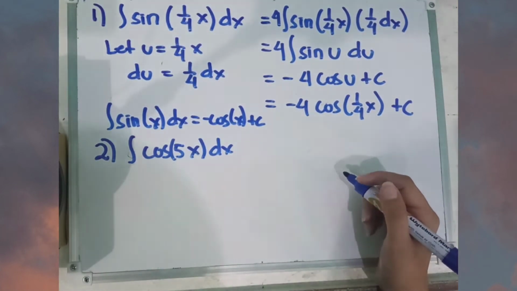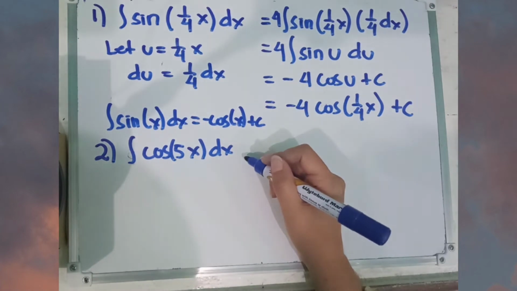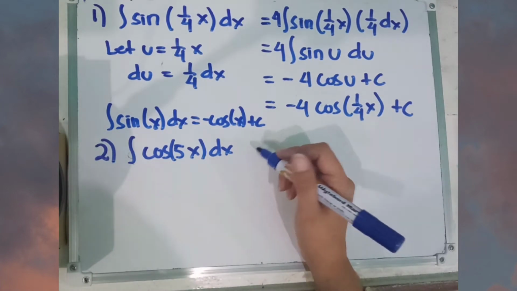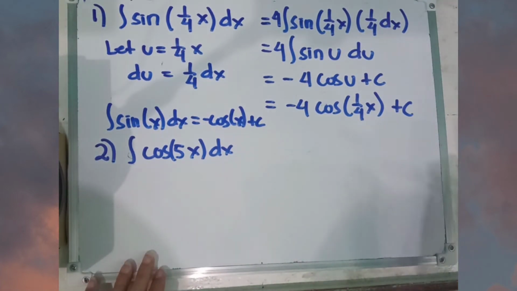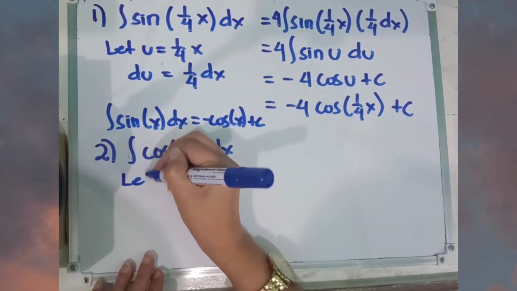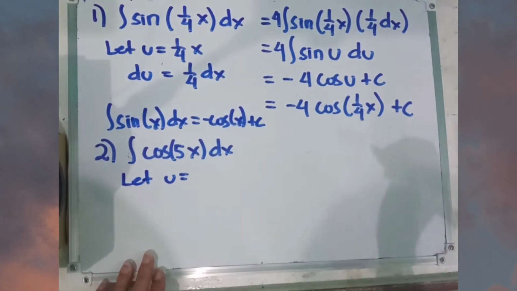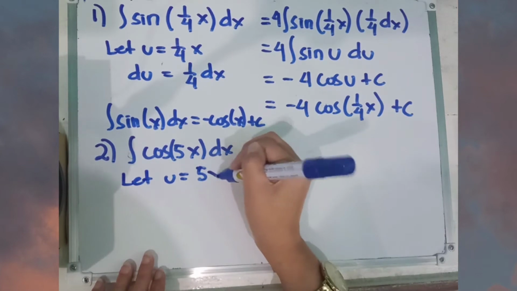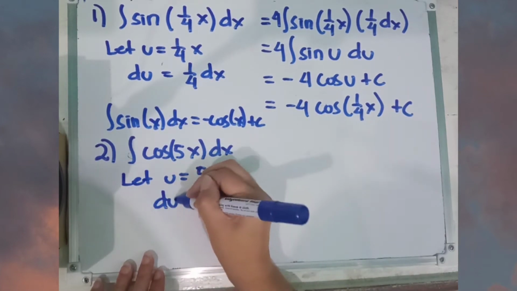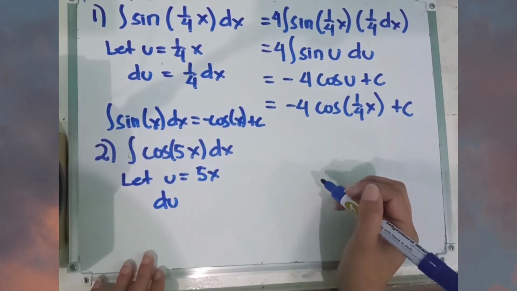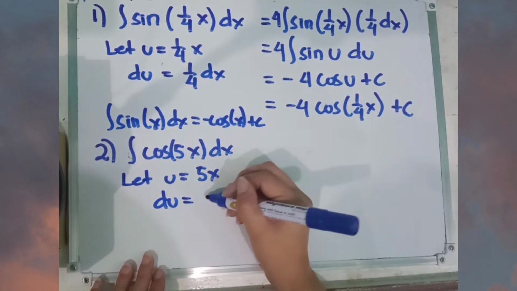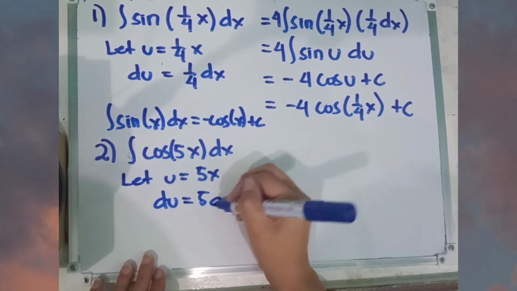Example number 2, we have the integral of cosine 5x dx. Again, using u substitution, let u be equal to 5x. Now solving for the derivative, du over dx is simply 5 dx.